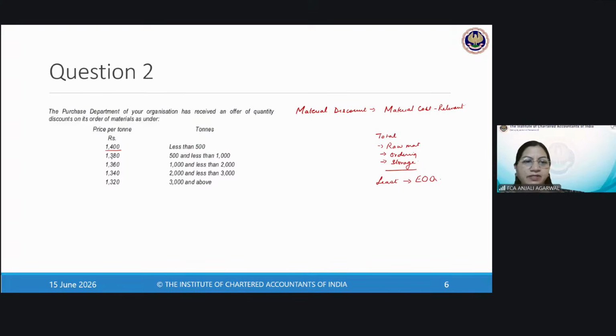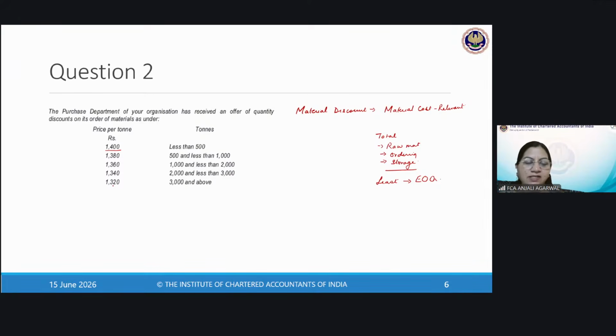The price will be 1,380 per ton if you order anything from 500 but less than 1,000 tons. And another 20 rupee discount from 1,000 to 2,000, 1,000 including, 2,000 not. Another 20 rupee discount per ton, 1,340, if the order size is 2,000 or more but less than 3,000.